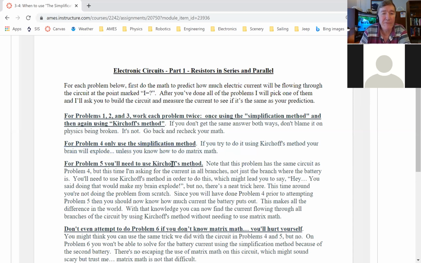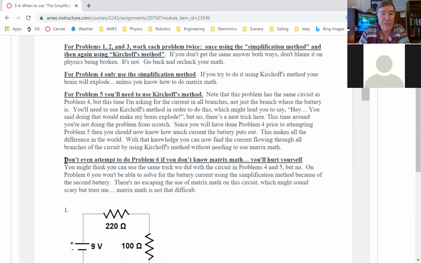And then for problem number 5, I'm going to want you to use Kirchhoff's method, and we'll talk about it later. But problem number 6 is going to be the really interesting one. If you don't know how to do matrix math, you're not going to be able to solve problem number 6, because problem number 6 cannot be solved using the simplification method.